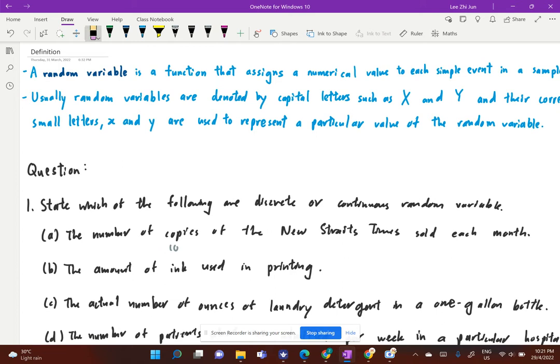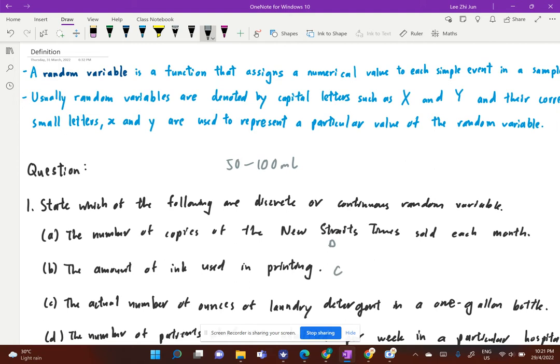So it has a particular value, so it is discrete. B, the amount of ink used in painting. We cannot count the amount of ink, right? So maybe in an interval, so it is continuous.